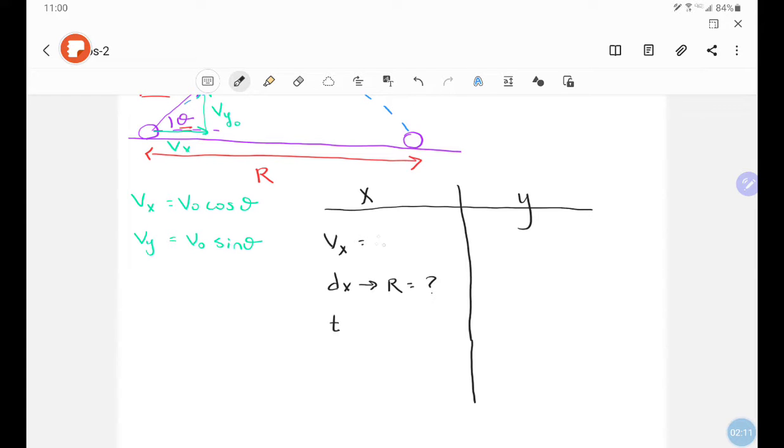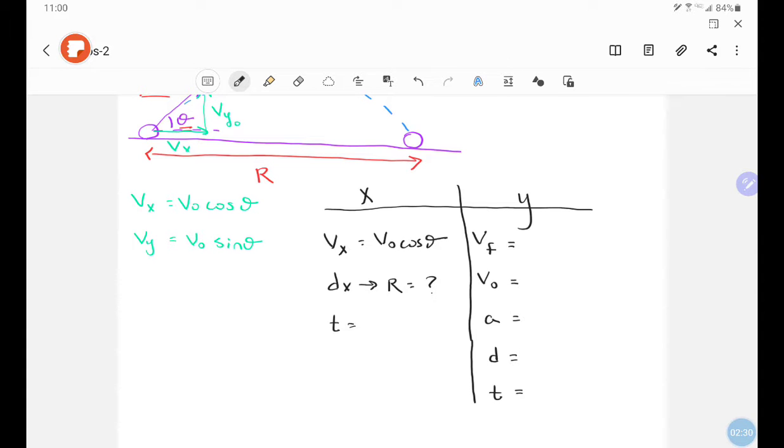Vx I know to be V0 cosine of theta. And time I'm not sure about yet. In y, we have v final, v initial, a, d, and t.